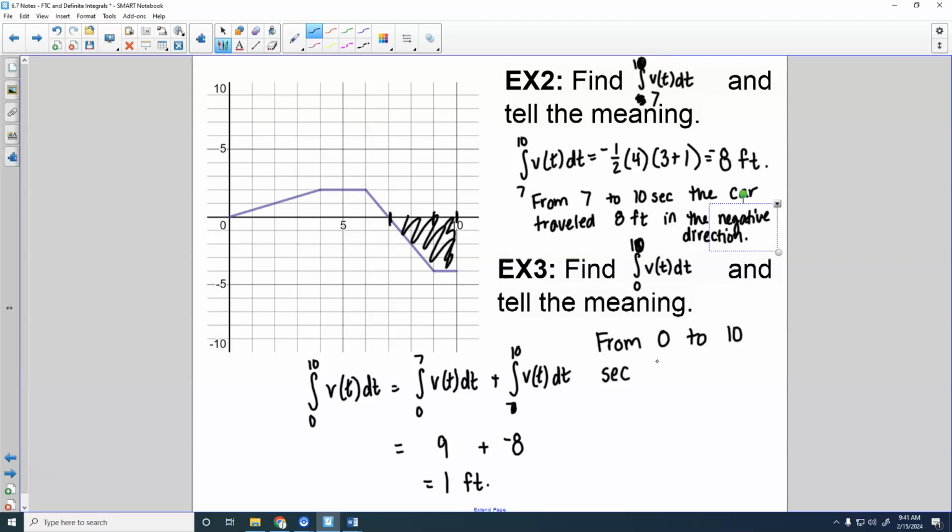But the car goes more than one direction here. So we have to say from 0 to 10 seconds, the car moves 1 foot from its original position.